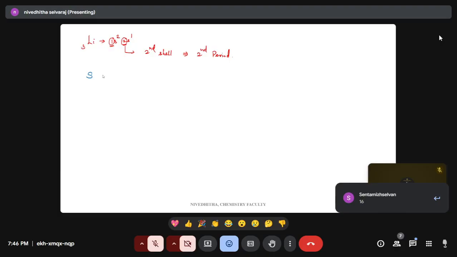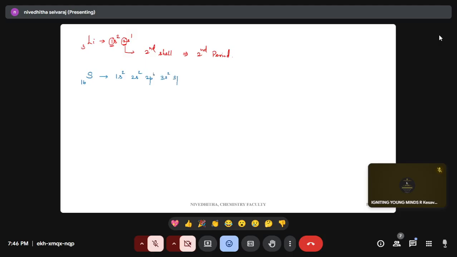Yes, it is 16. So the atomic number of sulfur is 16. So what is the electronic configuration? 1s2, 2s2, 2p6, 3s2, 3p4. Kanna, what is the valency shell? Which is the outermost shell here?